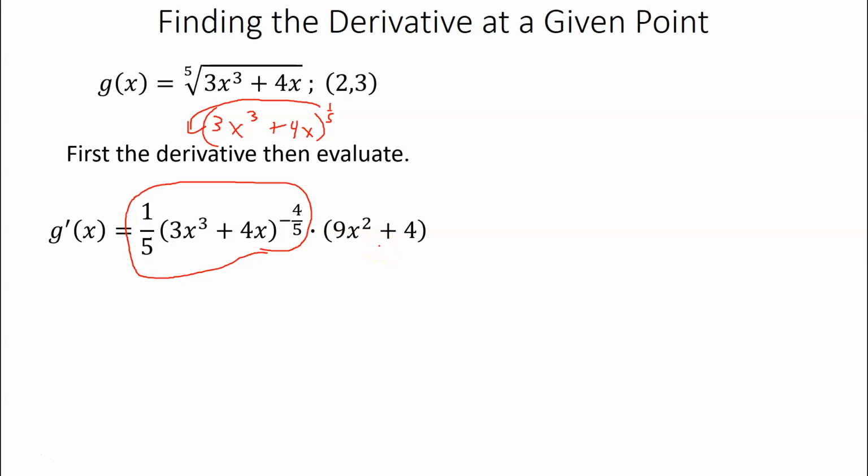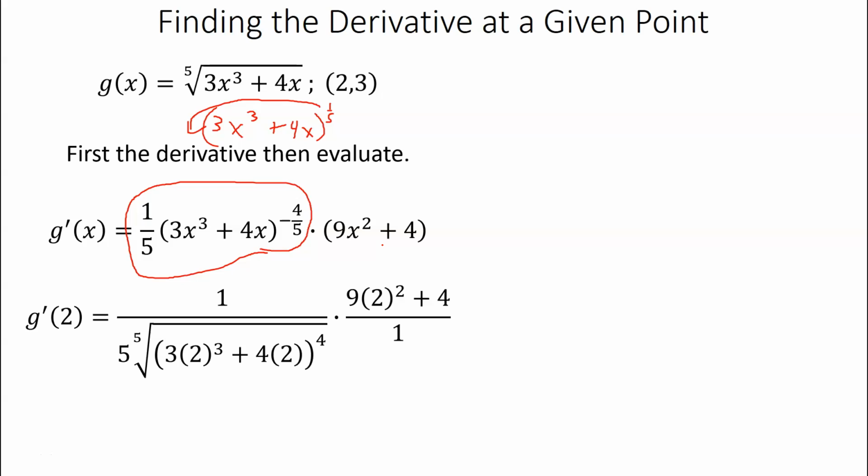And at this point you wouldn't necessarily have to simplify if you don't want to. You can if you want, because the question in this one is to find the rate of change at a given point. So simplifying or not simplifying is kind of a personal preference. I did rewrite it, but you don't have to.